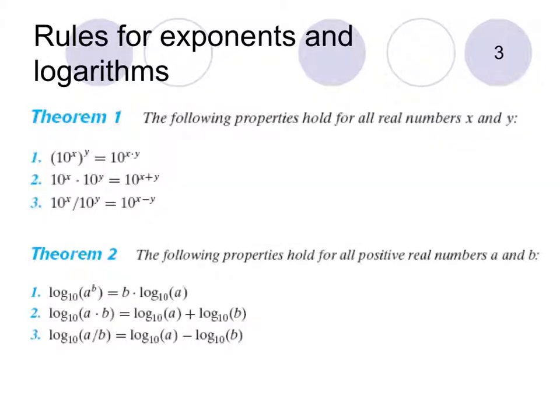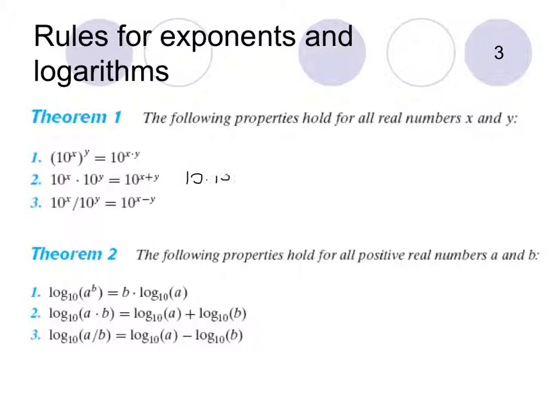Logarithms are basically the inverses of the exponential functions, and they have various properties, and these properties were all given using base 10. So for example, we know that if we raise a power to another power, then the powers multiply. And if we multiply 10 to the x times 10 to the y, we get 10 to the x plus y. And remember, this is not a great mystery.